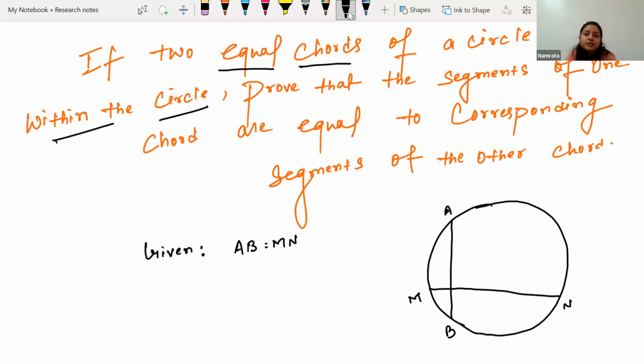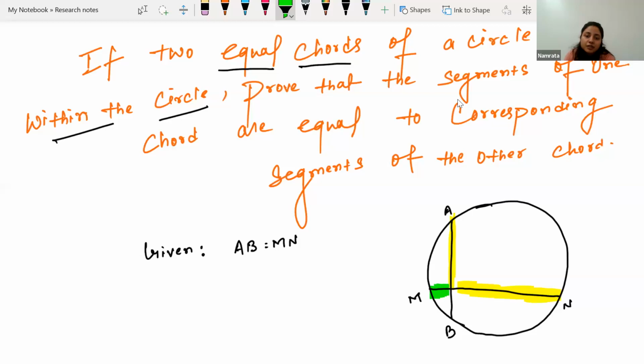We have to prove that segments of one chord are equal to corresponding segments of the other chord. What is the meaning of that? Can you see both chords are getting cut? That means this yellow segment, the bigger part of the first chord AB, is equal to the bigger part of the second chord MN. And the smaller parts of the chords are also equal to each other.